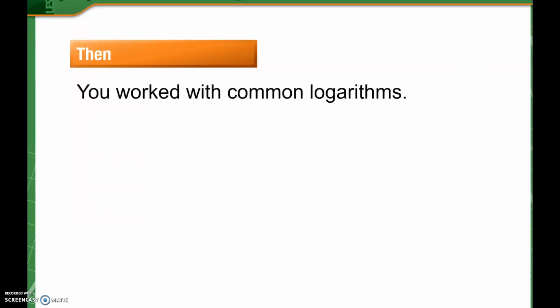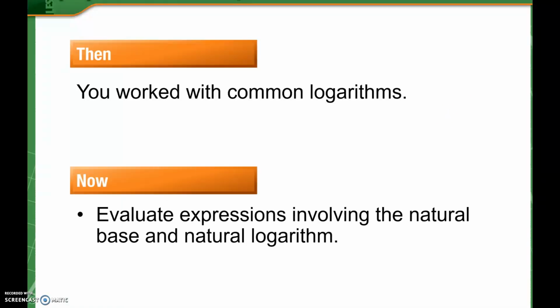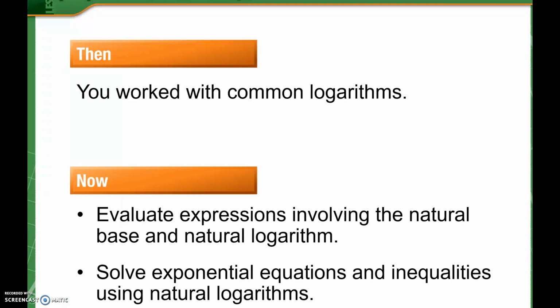There are a lot of examples on your notes page, and we're just going to go through one of each type for time's sake. So we see e in nature, in exponential growth and decay. e is a number, kind of like pi.